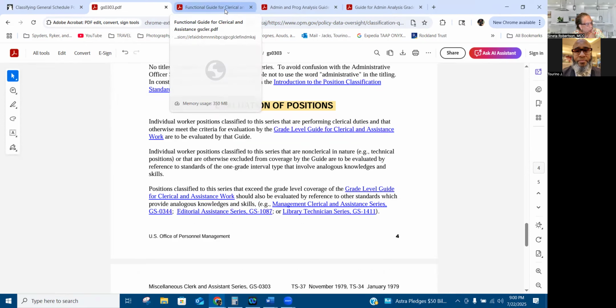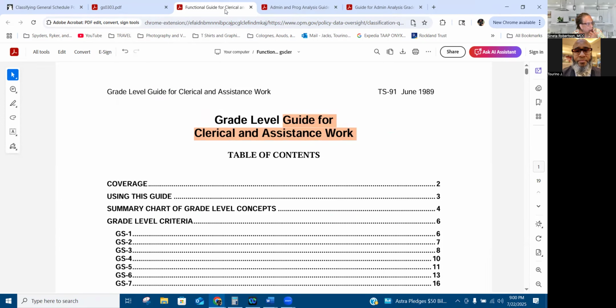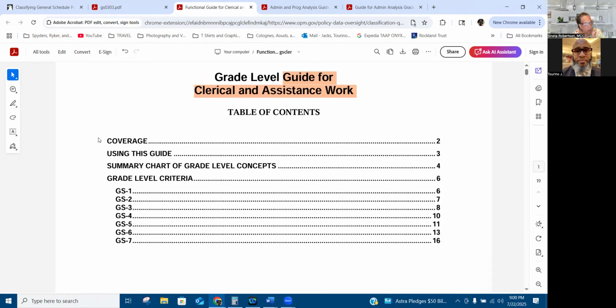In the template that you use to classify the positions, does it allow you to put the evaluation statements at the end, where you say why it's one grade versus another, why it's one level versus another? Yes, I have to. It's part of the template.